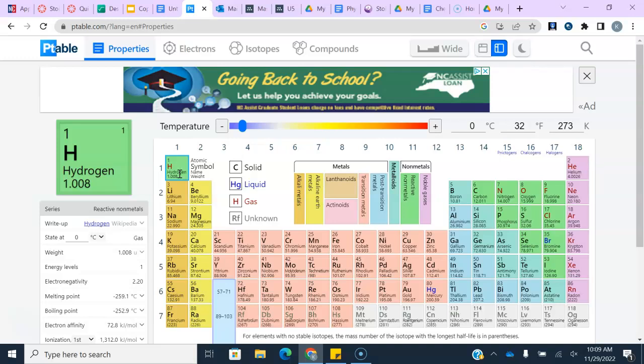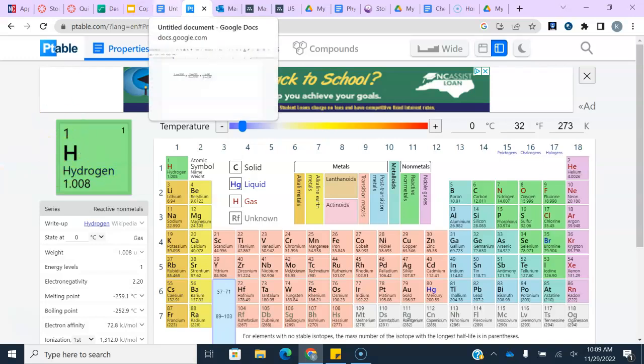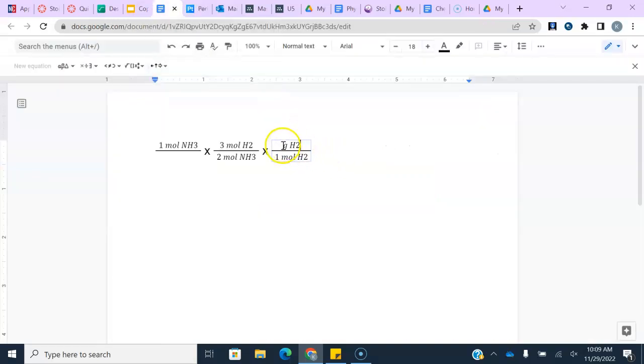However, this is 2 atoms of hydrogen, so we have to do 1.008 times 2, which is just 2.016. Okay, so in our problem here, we're going to have 2.016. Okay, and that's going to be our grams.